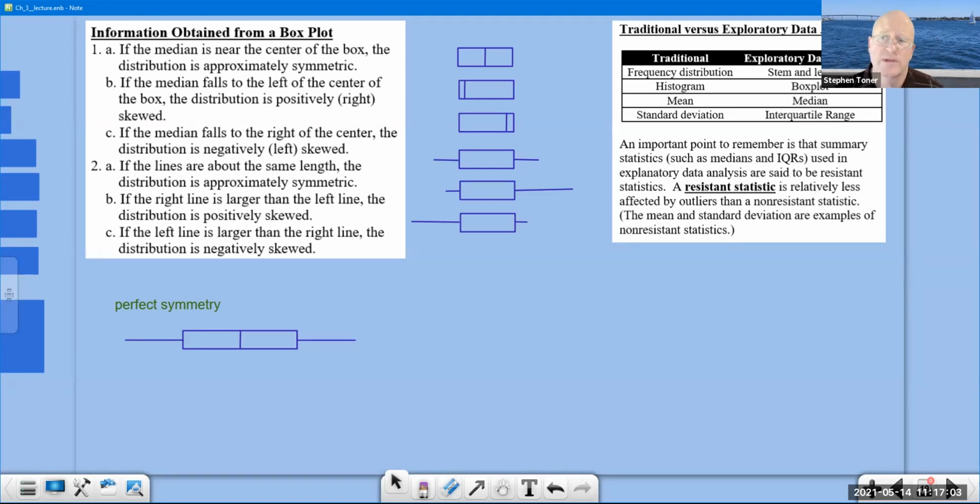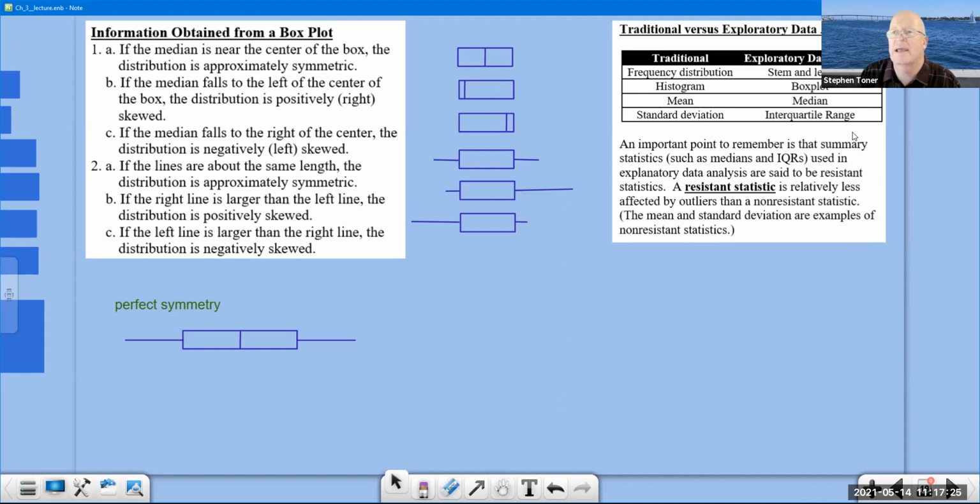Whereas the exploratory data analysis is when we start having the stem and leaf plots, the box plots, and we start looking at the median and the interquartile range. It starts to give us a different shape of information. As we learned back in chapter 2, different types of graphs can give us different information.